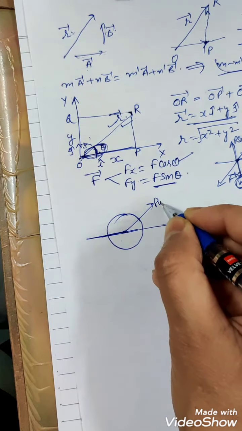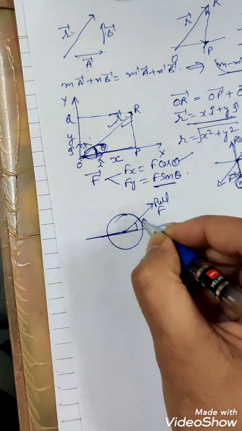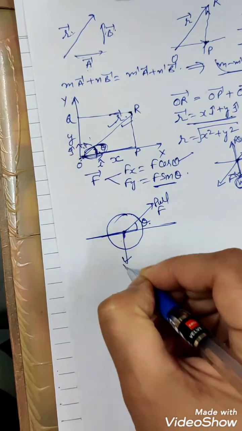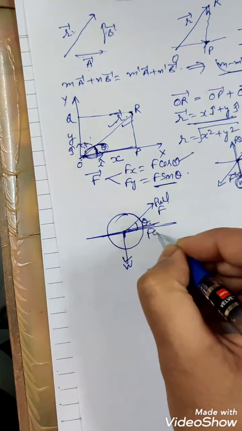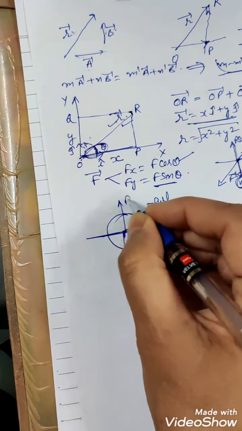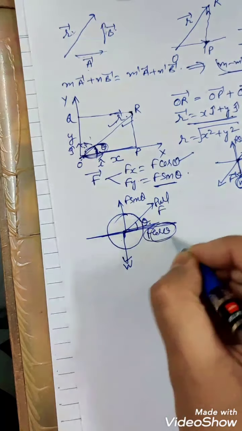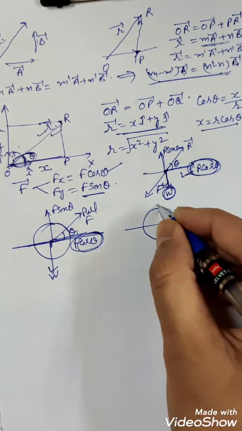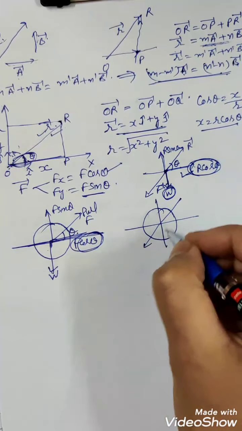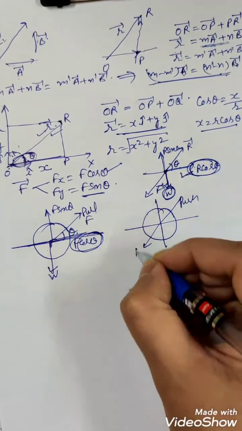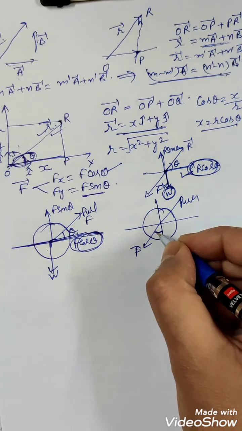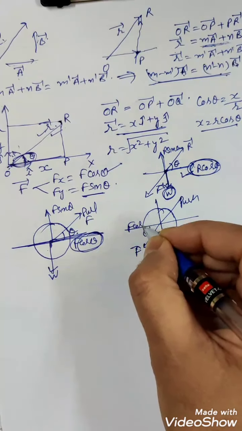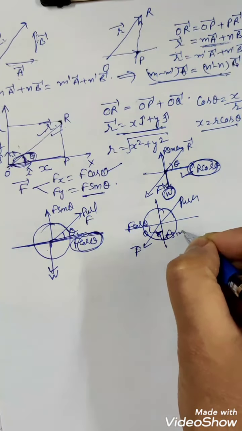We pull it with a force F at an angle theta, and this is the weight of the roller. The force resolves into cos theta and sin theta components, and the cos theta component is responsible for pulling. If the roller is pushed, again with force F at angle theta with the horizontal, it again has two components, cos theta and sin theta.